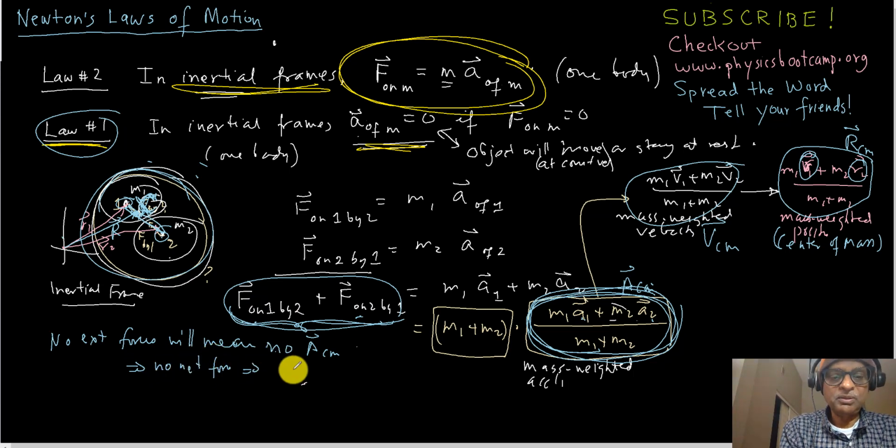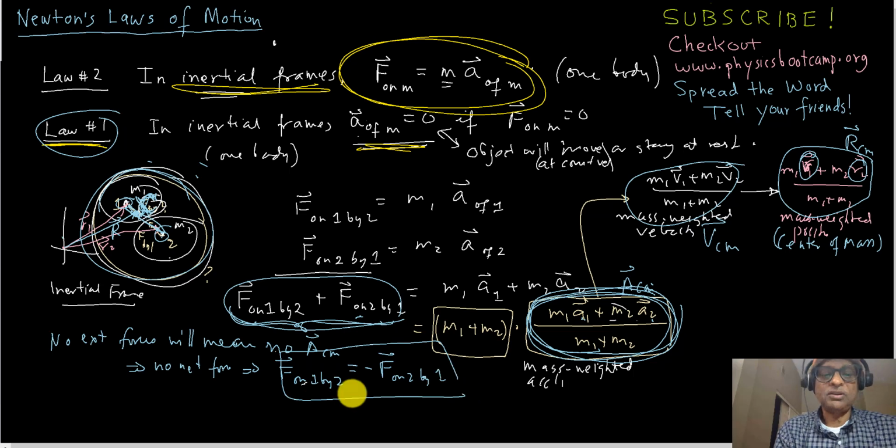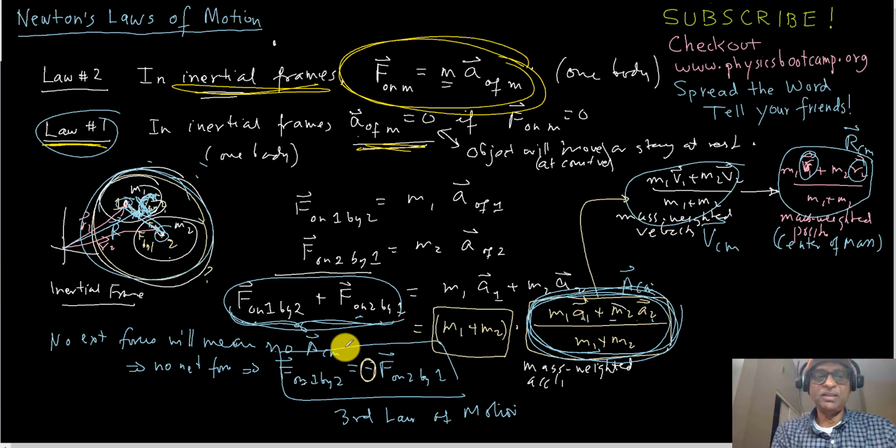That means F on 1 by 2 must equal minus F on 2 by 1. Now this is the third law of motion. Notice, very important, that they're not simply equal, because there's a negative sign here. That's why they're in opposite directions. So the force on this by that is in the opposite direction to the force on that by this.